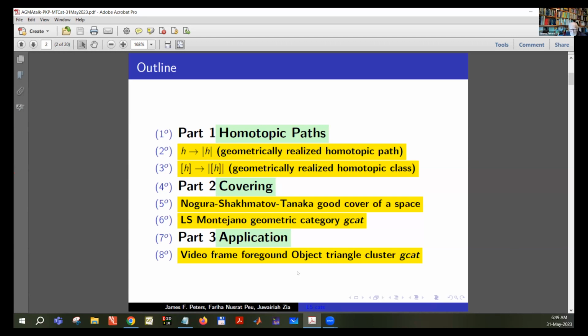And then the last is an application. The application is reminiscent of what Professor Verghili showed, except that instead of looking at multiple frames, as in Professor Verghili's case, we look at a single frame and its triangulation.